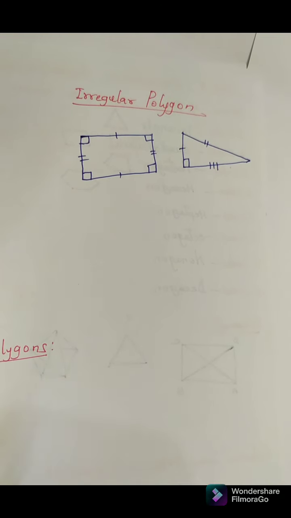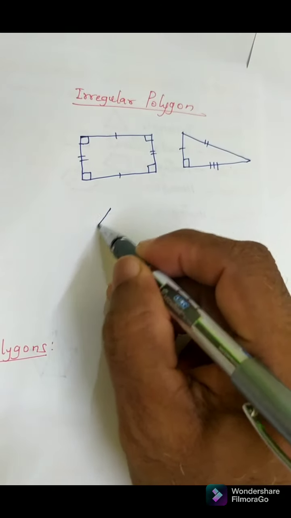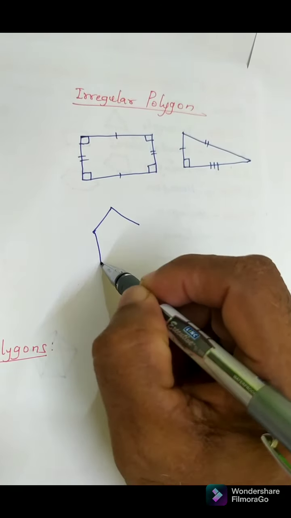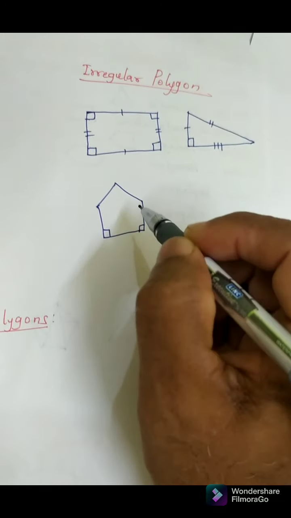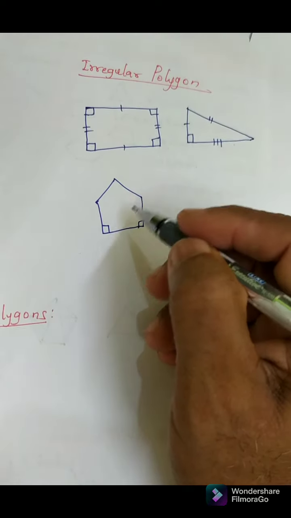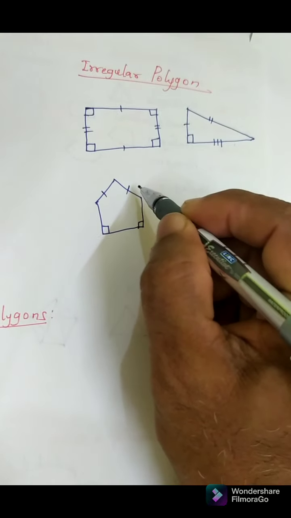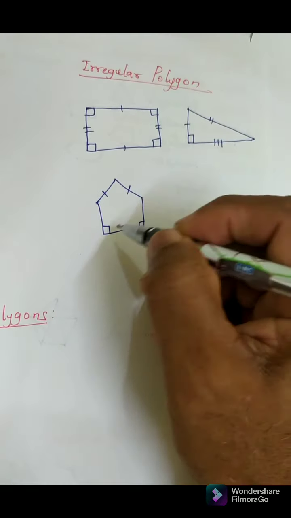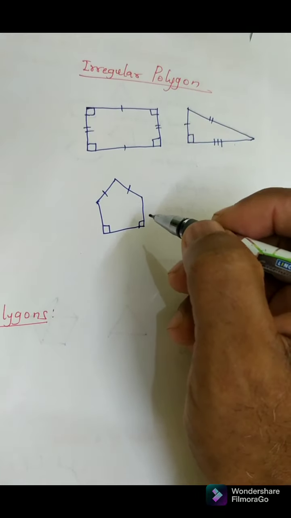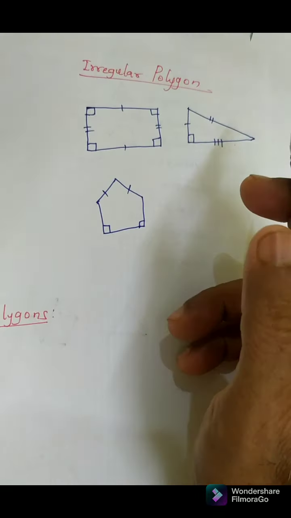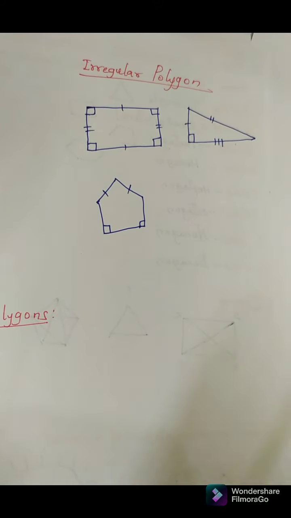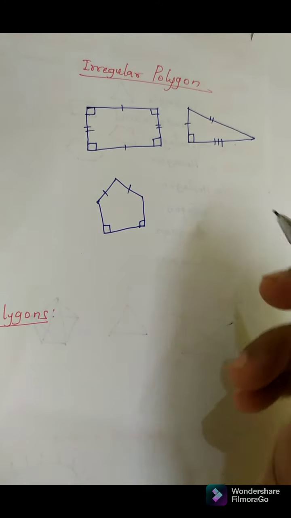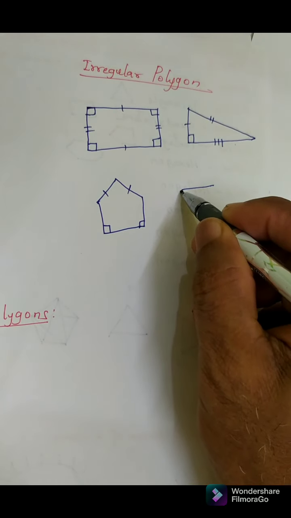There can be figures like this, where 2 angles are equal, but the sides are not equal. Here 2 sides are equal, 2 angles are equal, but the other sides are not equal, and the other angles are not equal. Therefore, this is an irregular polygon. So there can be even a hexagon like this.